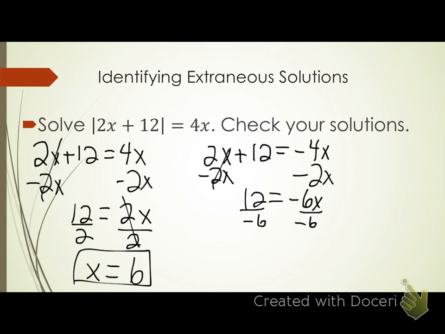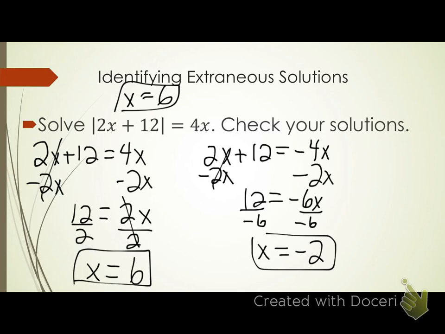Divide both sides by negative 6. Here, x equals what? Negative 2. So I'm saying x equals 6 and x equals negative 2 are my two solutions, correct? But we need to go ahead and check our solutions to see if we have any extraneous solutions.